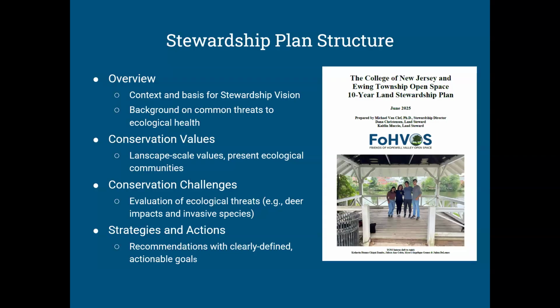Ecological communities that are on the site currently, and so you have your values, your challenges, and then what are you going to do about it? The challenges, obviously, we've talked about: deer and invasives. There could be other things depending on the site, but those two are in common pretty much everywhere. And then strategies and actions, clearly defined actionable goals.